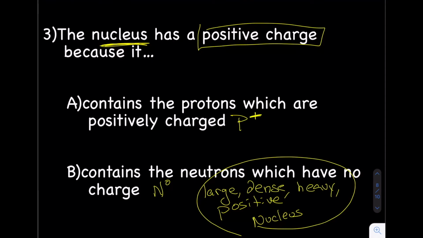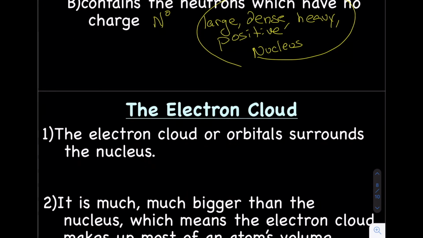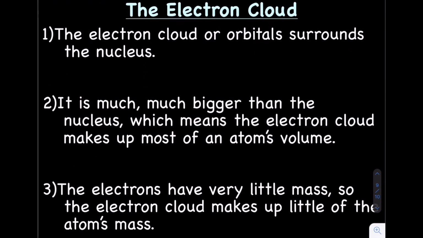And on to the very last topic for today, and that would be the second region of the atom, which is the, shout it out, electron cloud. Okay. The electron cloud, or orbits, surrounds the nucleus. Okay, so in my beautiful drawing, it was that gray part, and we'll go back to it in a minute.